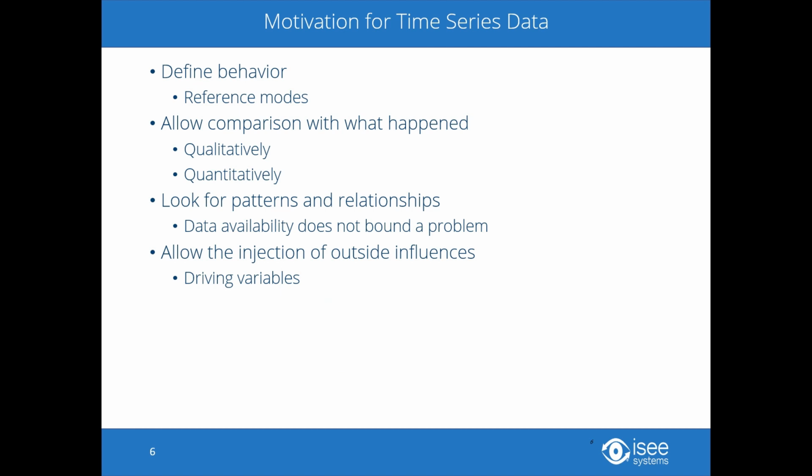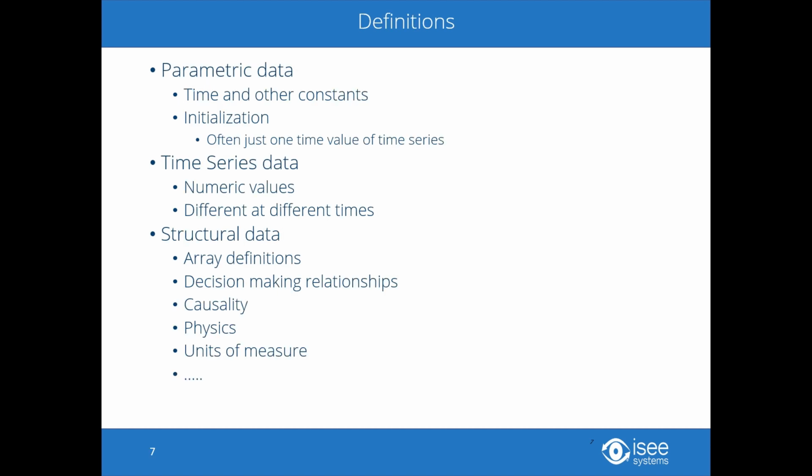But you can see how things relate to one another. It's important to remember, though, that data availability should never drive conceptualization. It does not bound a problem. You conceptualize it based on what's happening in the real system, not the data that are available to measure that. Data also allow injection of outside influences, driving variables.